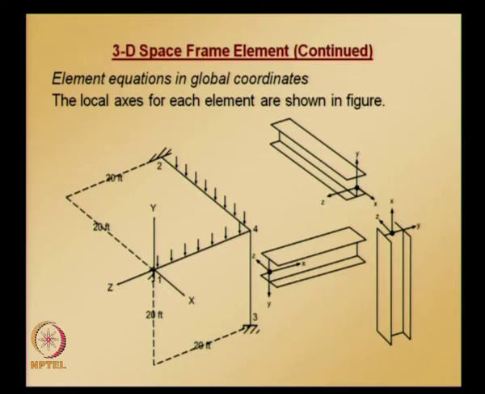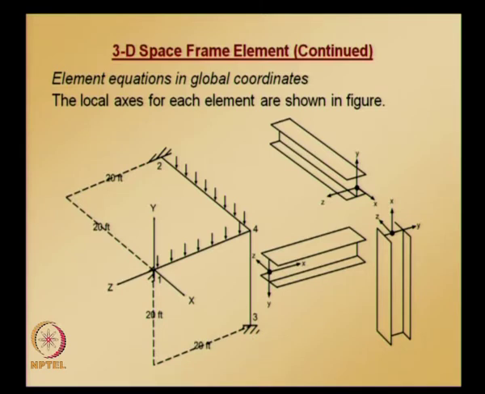So, for element 1, which is connecting nodes 1 to 4, the third node is going to be node 2. For element 2, which is connecting nodes 2 to 4, the third node is going to be 1. For element 3, which is connecting nodes 3 to 4, the third node is going to be 2.